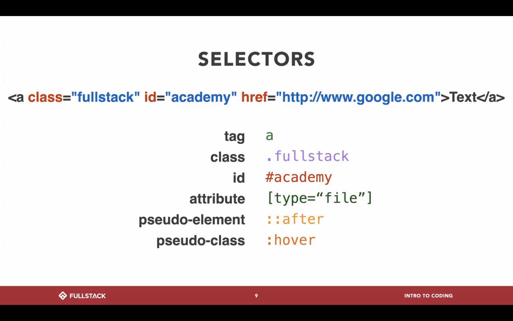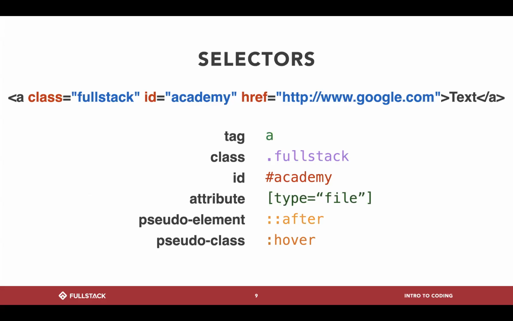Then we have IDs, right, which to review are our way of saying there is one specific element that I want to apply this style to. There's one specific element I want to select. And the way that you write it is by doing this hashtag and then whatever the ID value is.